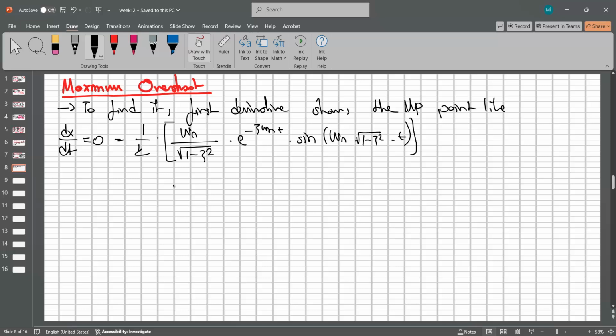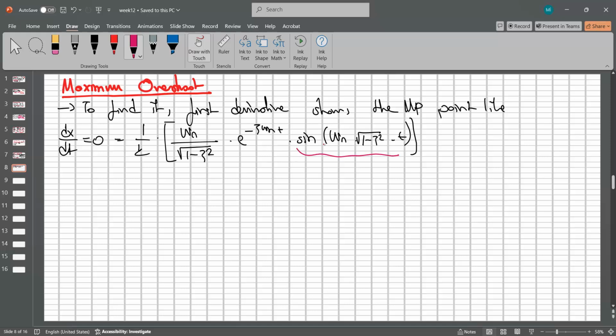This is our equation. And so, which value of t makes it equal 0? This term is a constant. This term is a constant. This term cannot be equal to 0. And so we have this value, right?